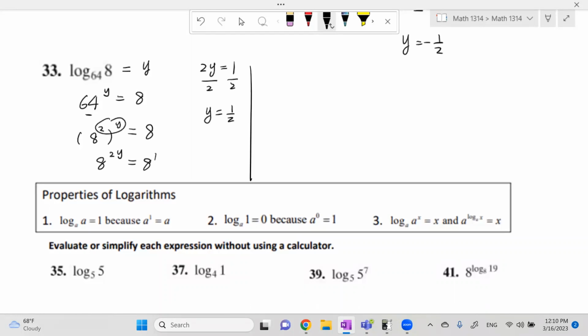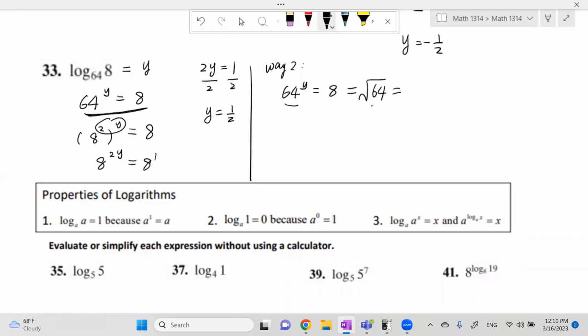And for this question, we also have another method. We say way 2. So if we have the expression 64 to the y equals 8, you can also convert the 8 to base 64. But I know most of you don't like this method. 8 equals the square root of 64.